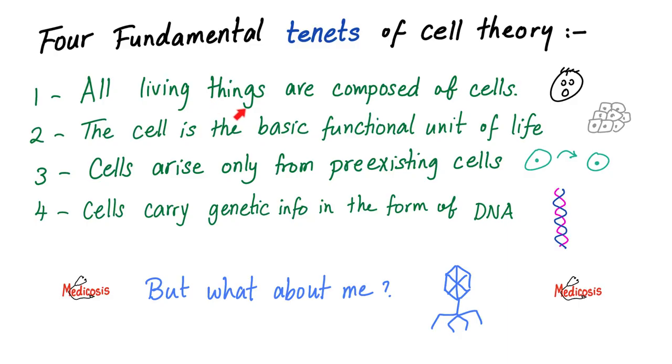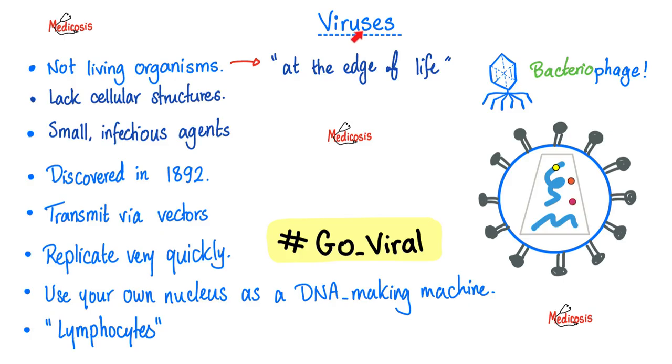Number 1, all living things are composed of cells. 2, the cell is the basic functional unit of life. 3, cells arise only from pre-existing cells. And 4th, cells carry genetic information in the form of DNA, but viruses are different. Viruses are not really living organisms. You can count them as at the edge of life, or at the edge between life and non-life.